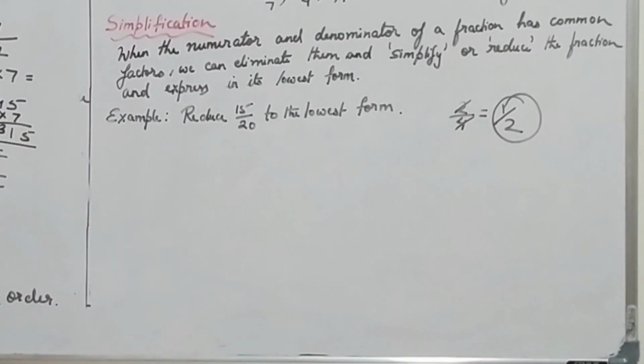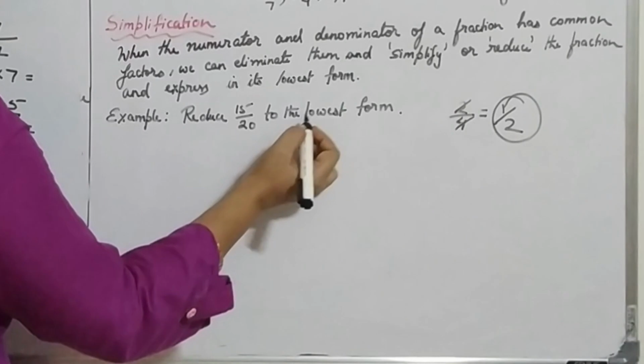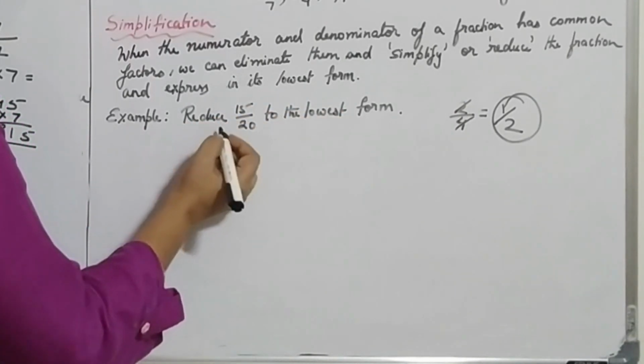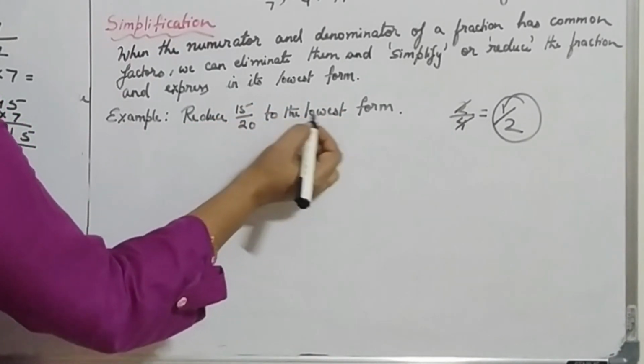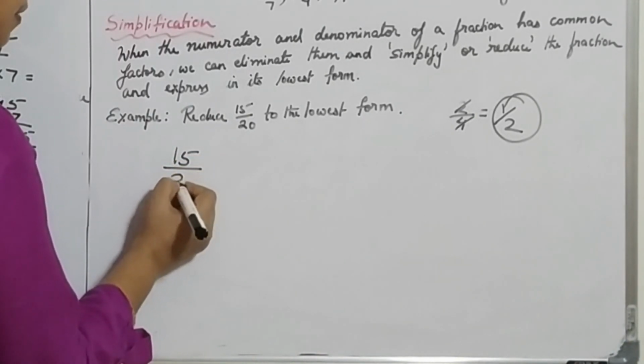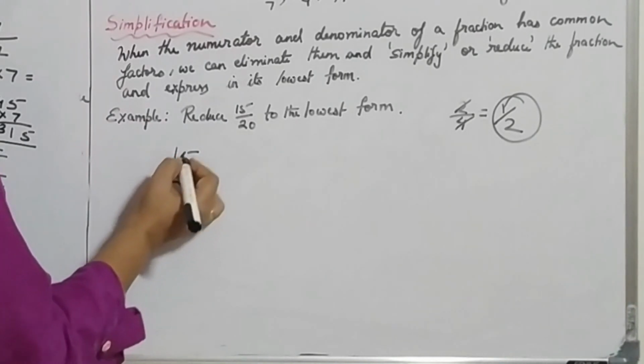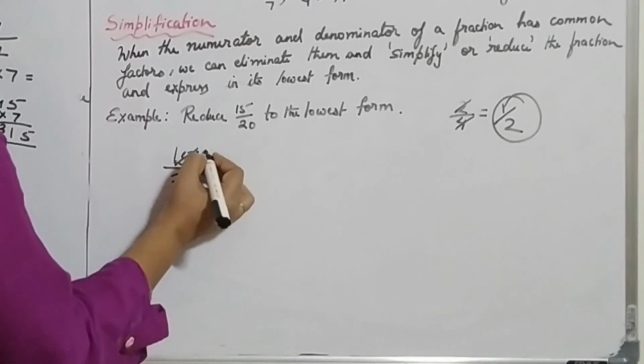Here one example is given: reduce 15 by 20 to the lowest form. How will you do so? You have to divide 15 and 20 by their common factor. 15 and 20 are both divisible by 5, so you can do it very easily.